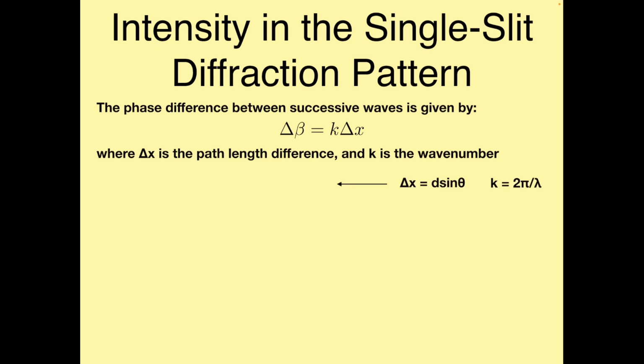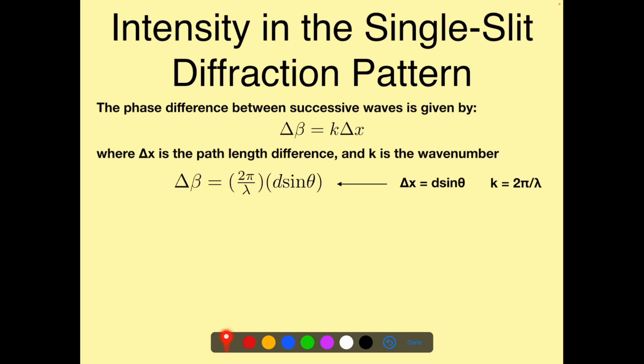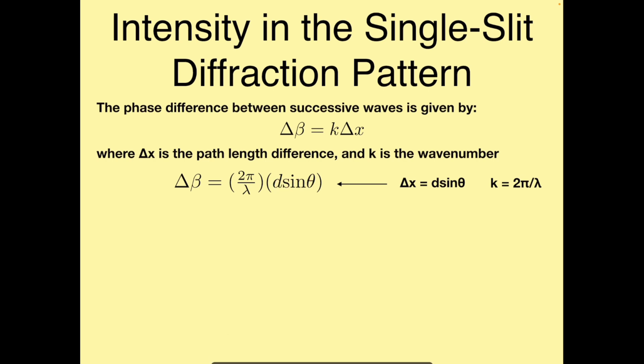So in this case, we have delta x is equal to d sine theta, as we just saw, and k is equal to 2 pi over lambda. That's just the definition of k. So that gives us delta beta is equal to 2 pi divided by lambda times d sine theta.